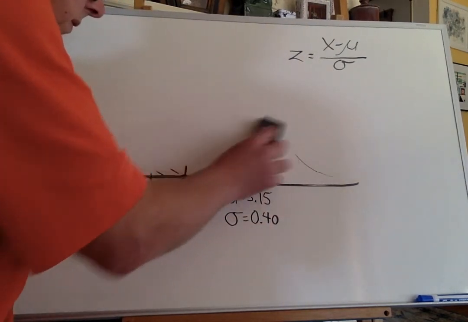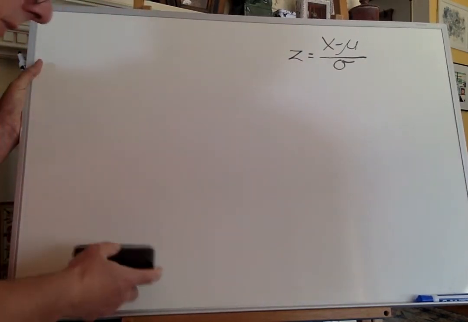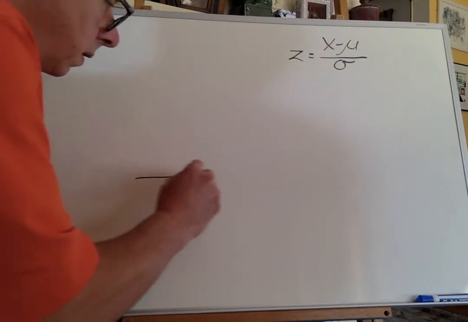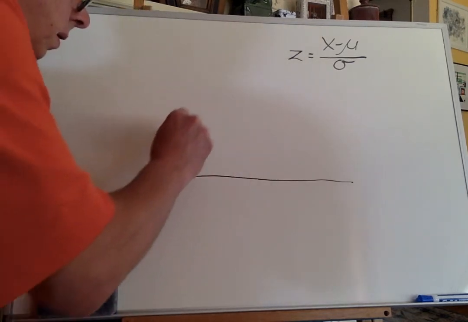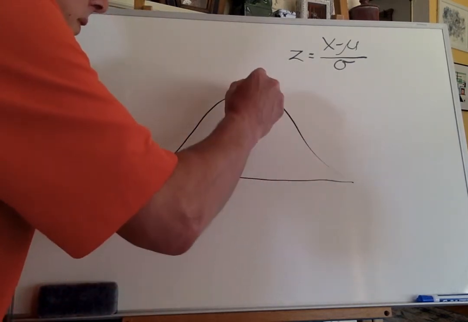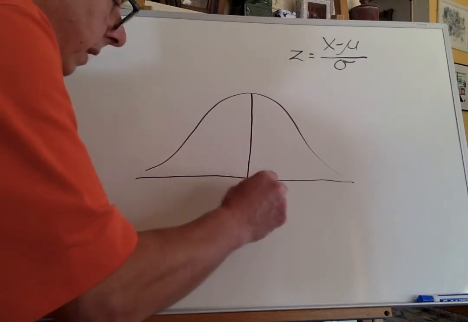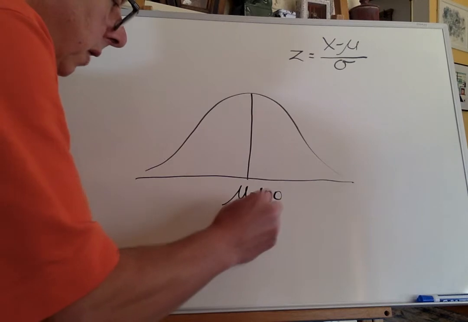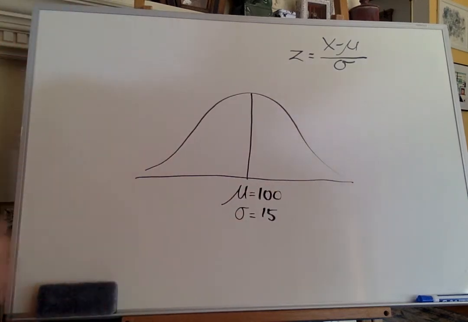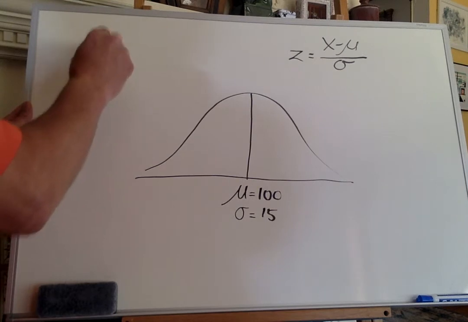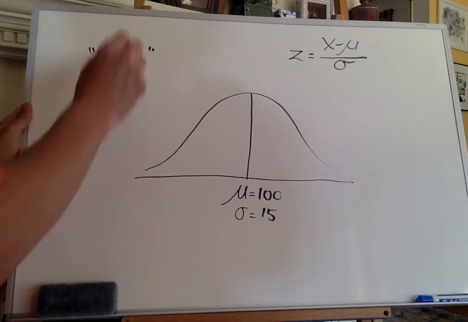I'm going to go back to my IQ example, because I have another type of question that I'm going to ask you. Remember, the mean is 100, standard deviation is 15. Those are the population parameters. And let's suppose that we want to talk about maybe gifted students, okay?